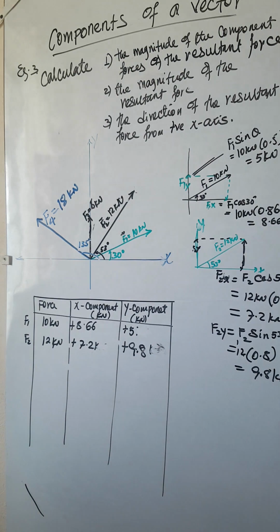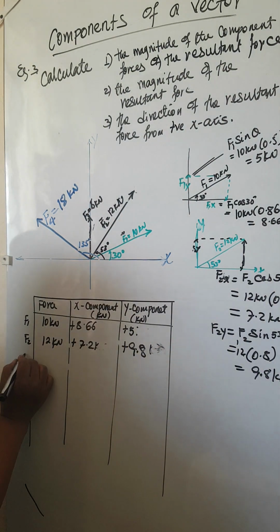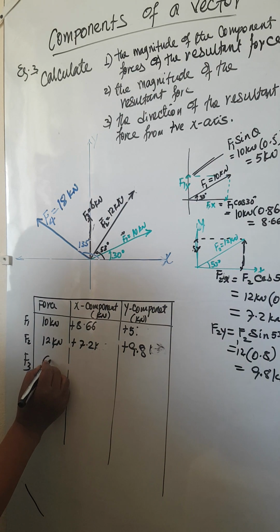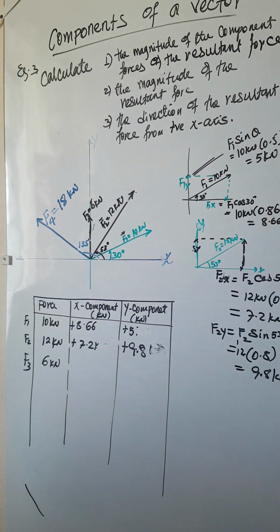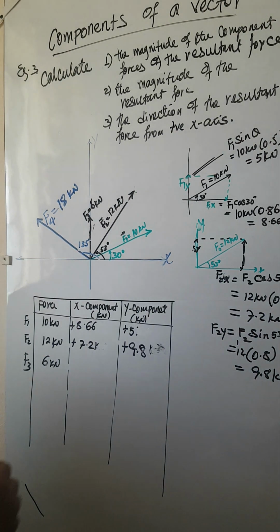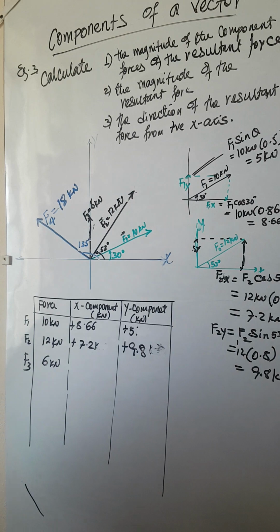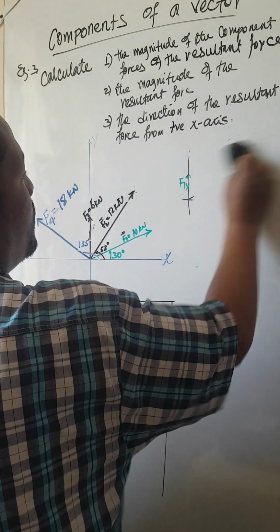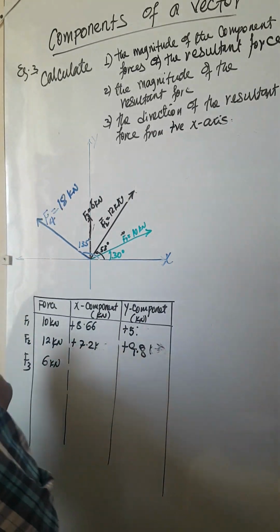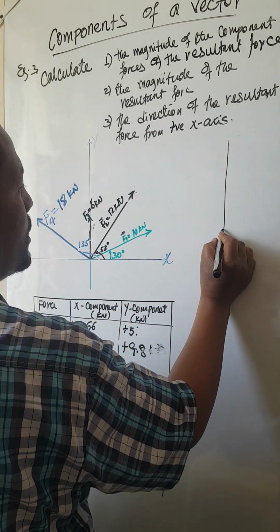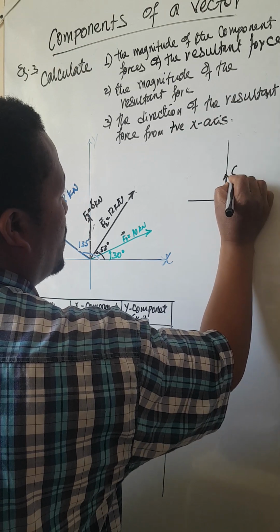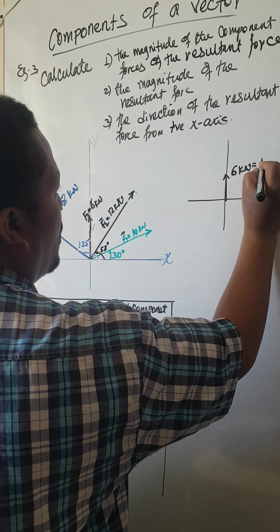Okay. Now the third force, F3, the force is 6 kilonewton. Now this 6 kilonewton is simply along the y-axis. So its component along x is, okay, this is 6 kilonewton, which is F3.